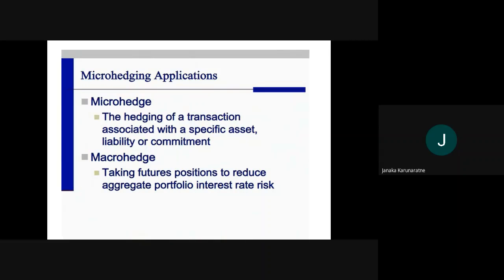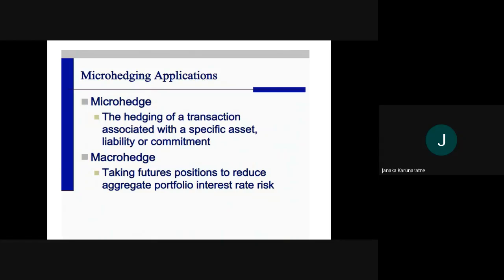So let's go to the micro hedging applications. When you talk about different hedges, we can divide them into two: the micro hedge and the macro hedge. So what is a micro hedge? As a banker, you can do either micro hedging or macro hedging.